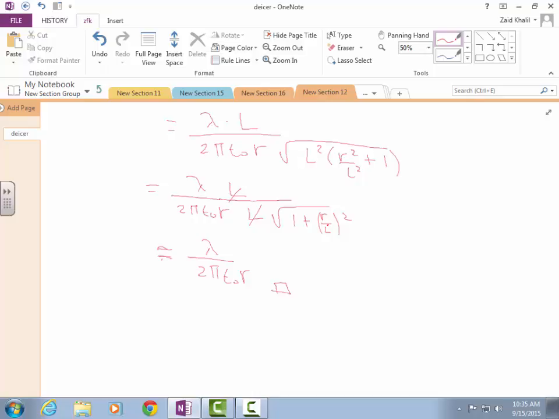A line has 1 dimension. You get up close to it, and 1 over R. Take a plane, 2 dimensions. You get up close to it, it would be 1 over R to the 0. What's R to the 0? 1, which would mean the electric field should behave like it's uniform. It doesn't matter how far away you are.